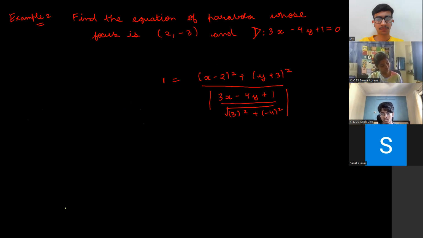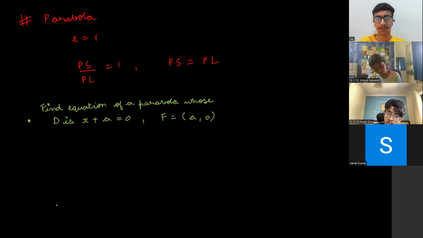But that is not the equation of the parabola, right? No, it is an equation of the parabola. Now this parabola is something different, not the one in NCERT. I was just telling you how to proceed for these types of questions. So can you go back to the question? Yeah.